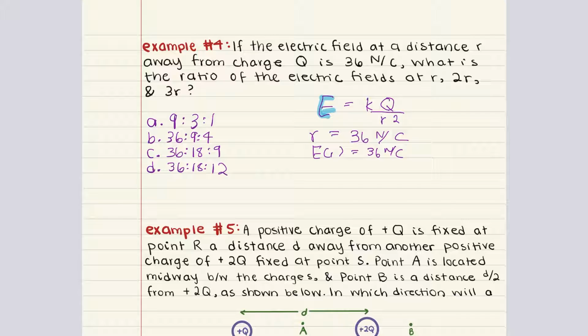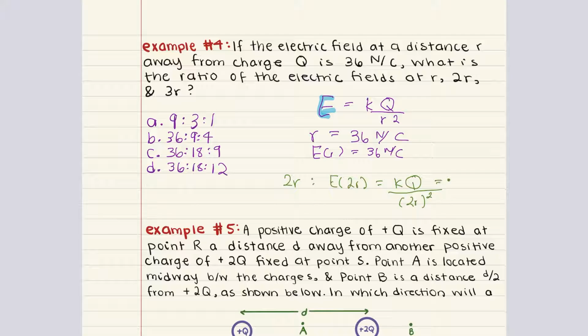Okay, keeping that as our reference point, let's work on determining the electric field at a distance 2r. At a distance 2r, we can go ahead and write our electric field expression. The electric field will decrease because the distance is now greater. So we can write that the electric field at 2r is equal to k multiplied by Q divided by (2r) squared.